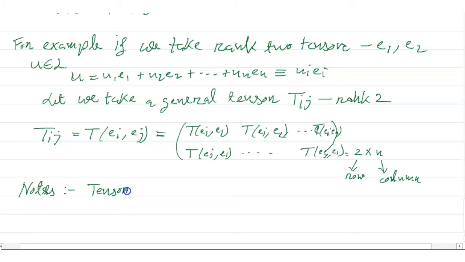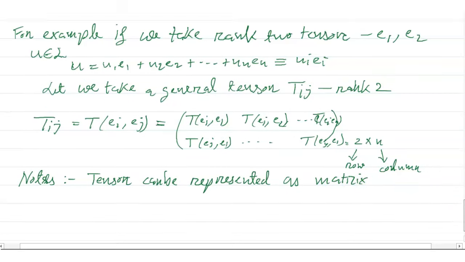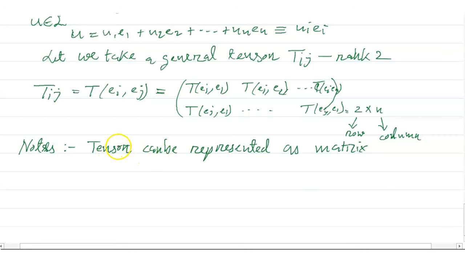Tensor can be represented as matrix. The numbers are called components of the tensor.